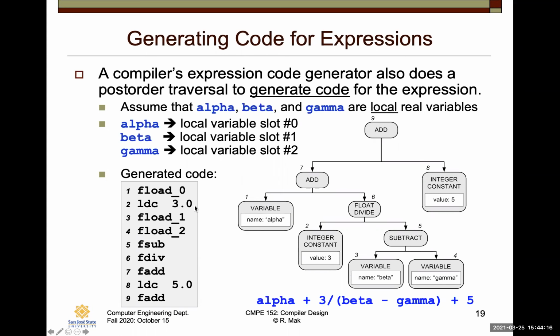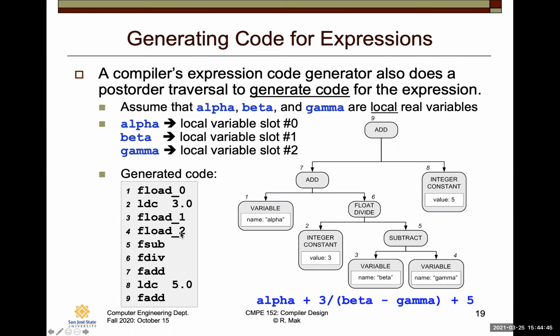Then the next node we visit is a variable node, and it's like the first one, F load, but beta is in slot 1. So here I am emitting a shortcut instruction to push the float value from slot 1 onto the operand stack. And then we do the same thing with gamma. So here is slot 2.